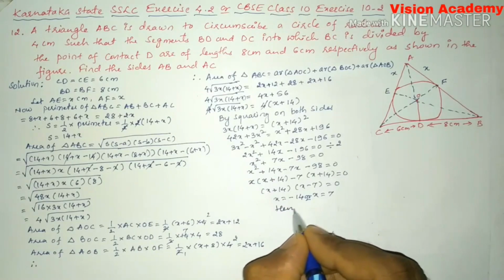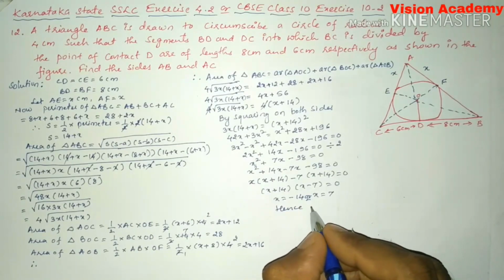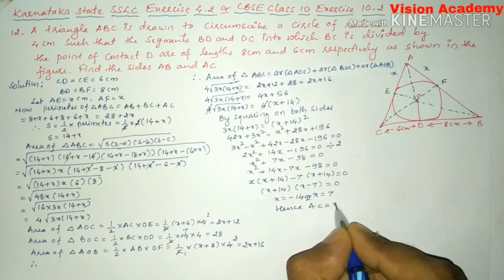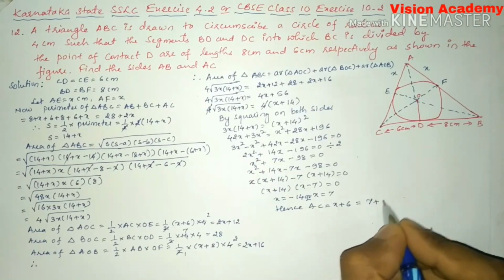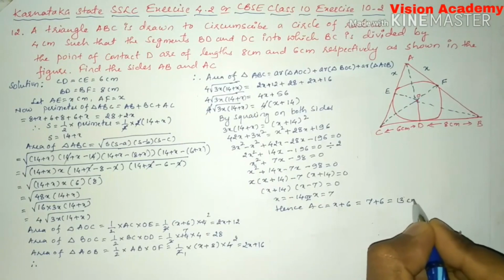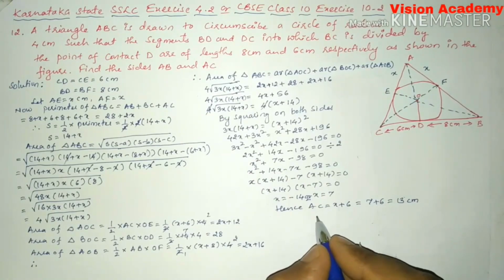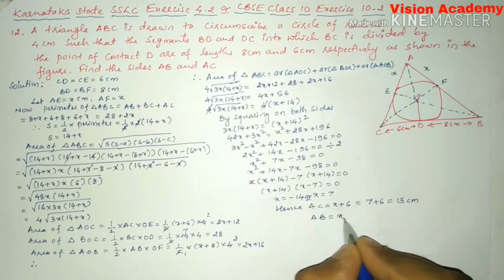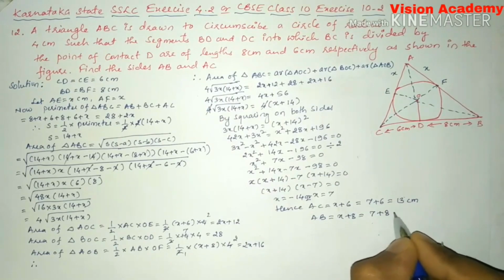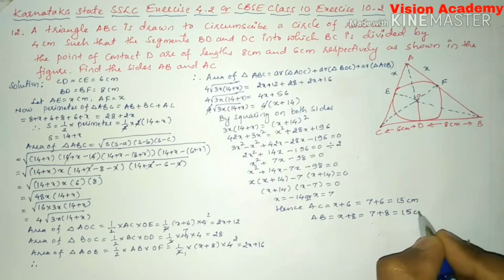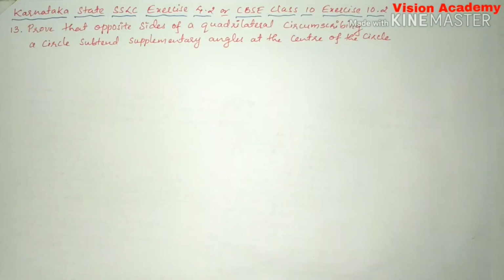We'll write here hence AC is equal to x plus 6, which is equal to 7 plus 6 is equal to 13 centimeter. Now we'll write AB is equal to x plus 8 is equal to 7 plus 8 is equal to 15 centimeter.